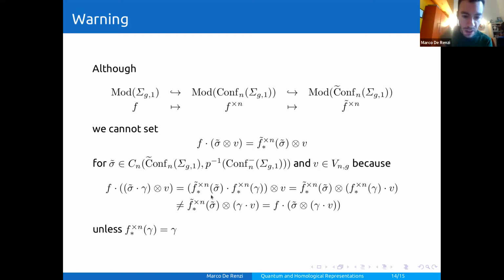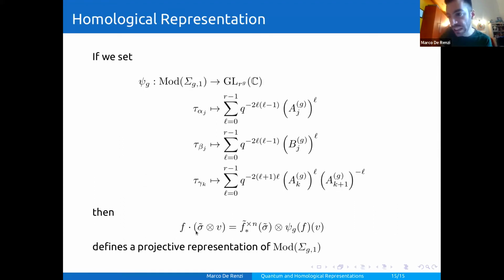This chain of equalities should tell you that this action is well defined only for those mapping classes that fix all elements of the surface braid group. And so the way to fix this is to find a representation for the mapping class group.